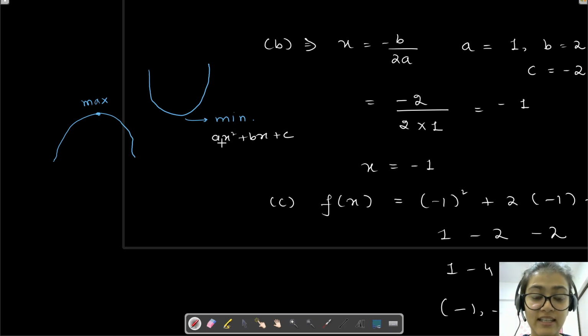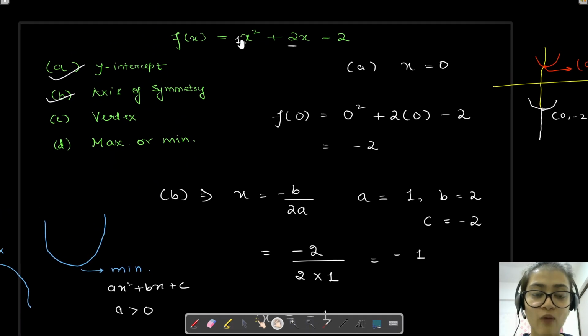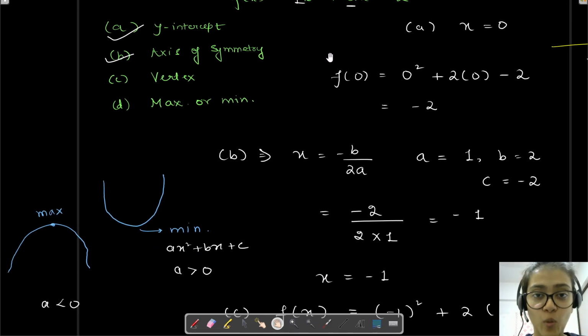An upward opening parabola has an equation like this, and here your a is positive, and in a downward opening parabola your a will be negative. So in this case, the value of a is 1, the coefficient of x squared is positive. So this is the case of an upward opening parabola.